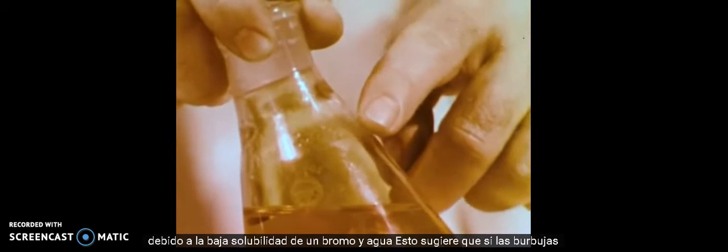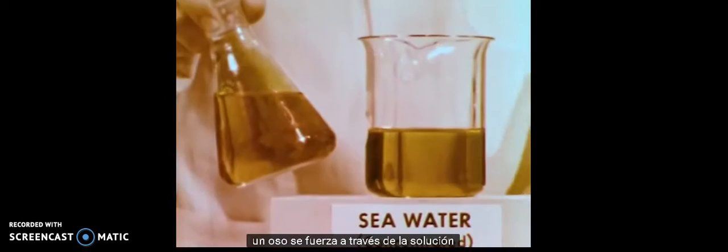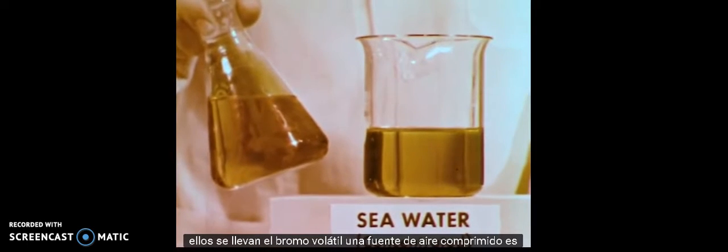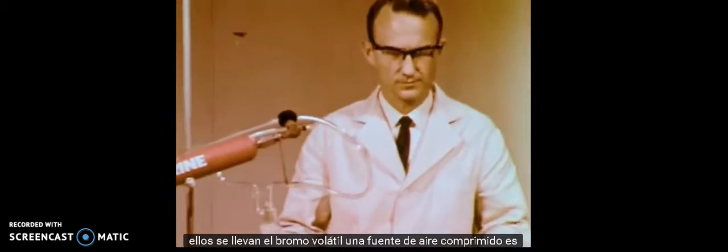This suggests that if bubbles of air are forced through the solution, they will carry away the volatile bromine. A source of compressed air is connected to a dispersion tube. The air bubbles sweep the volatile bromine out of solution.